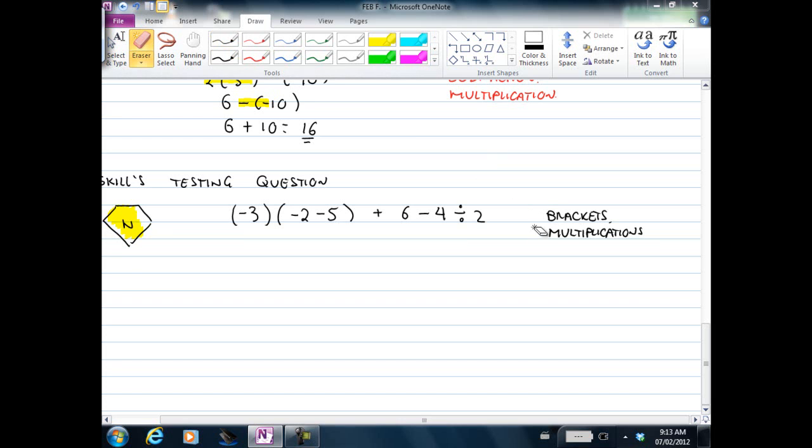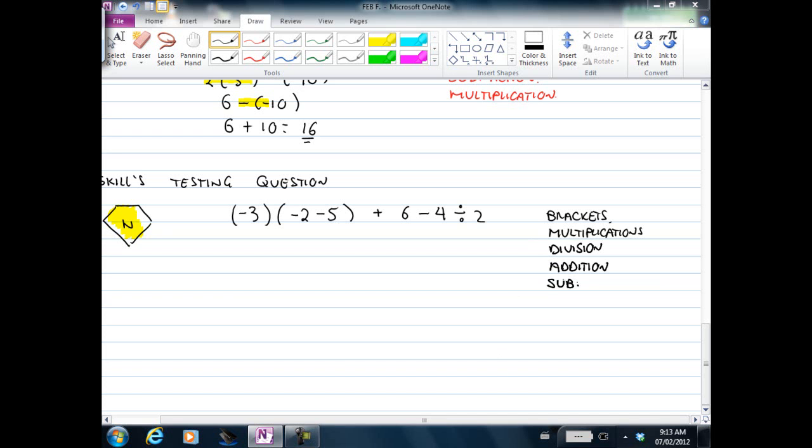Deepika, what else do you see? Division. Fatima, what else do you see? Addition. And there's one more. Tyro, what else do you see? Subtraction. In this case, there's everything.